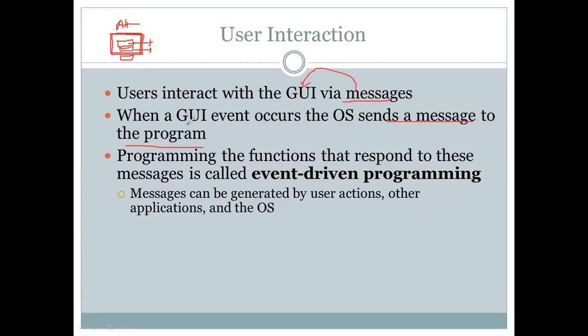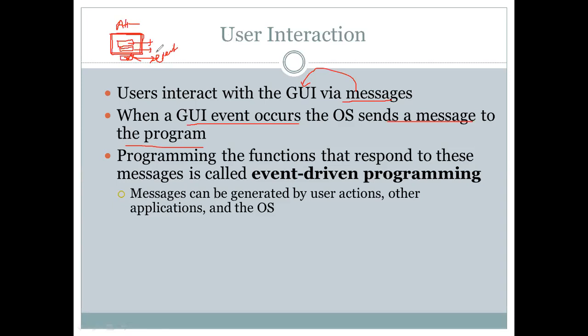Now, when the graphical user interface event occurs, what happens? Once you enter your roll number and name, you have to process the event. I will click on the OK button. This is the event: mark my attendance with my name and roll number.